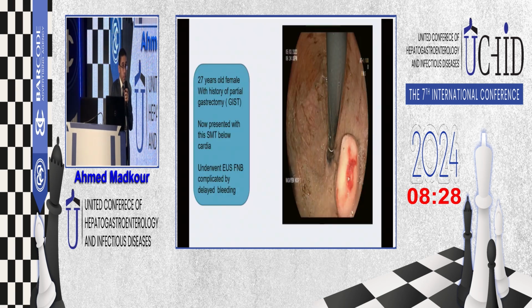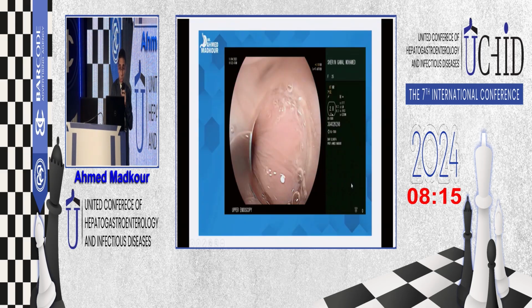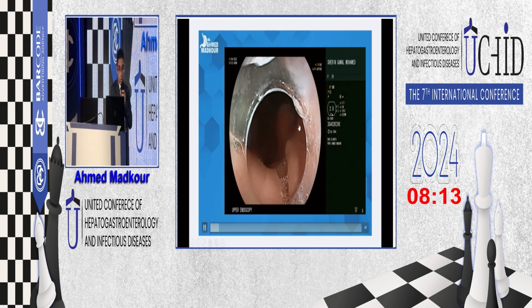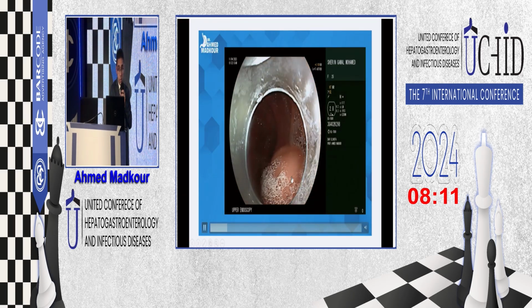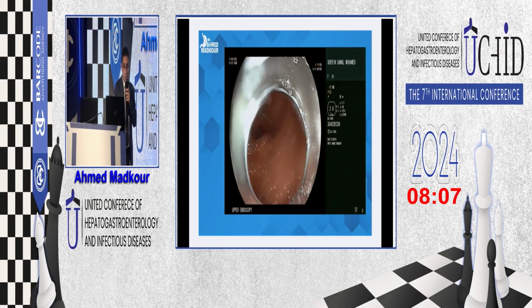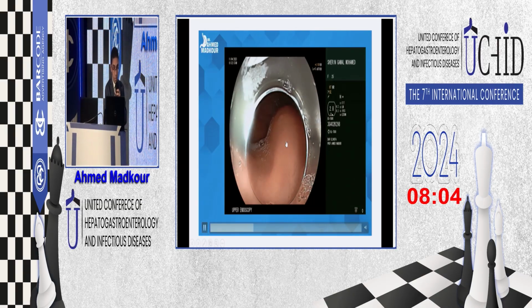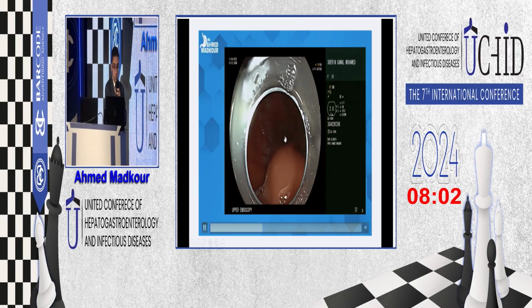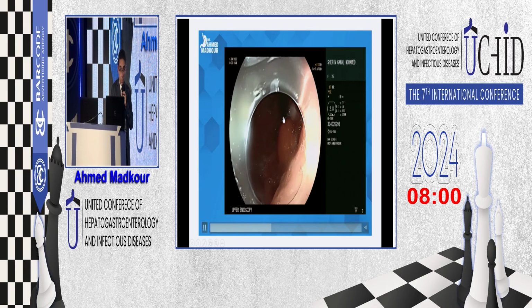This is also a debatable case of a submucosal lesion, a patient with a GIST, but she had an EUS FNB and had significant bleeding. You can see here there is a hematoma in the lesion, and this was the lesion after 1 month. We can still see some nibbling here at the site of bleeding from the FNB.